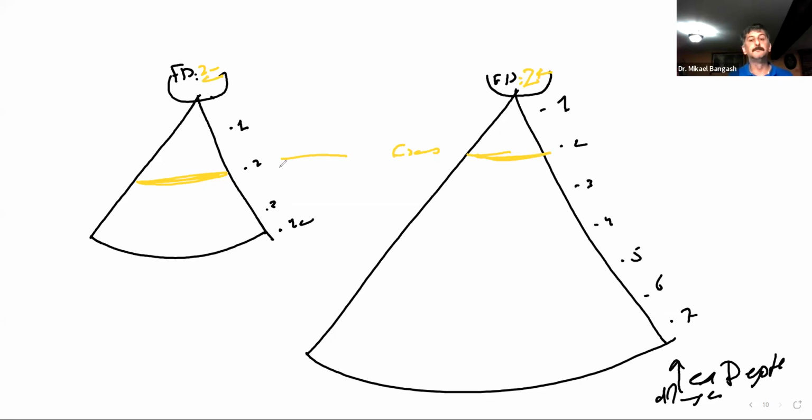Did that make sense? Yes. So here, this was fixed.